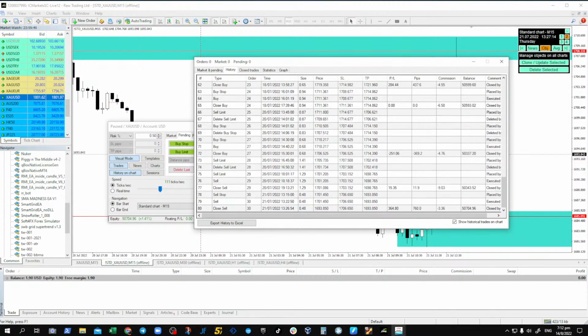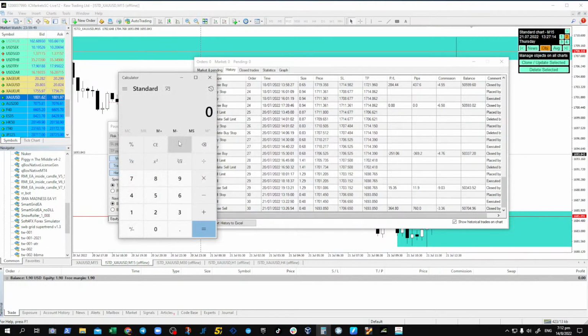So 622. Then the profit is 264, and 45 pip SL, R is 364 divided by 0.72. That's pretty good.